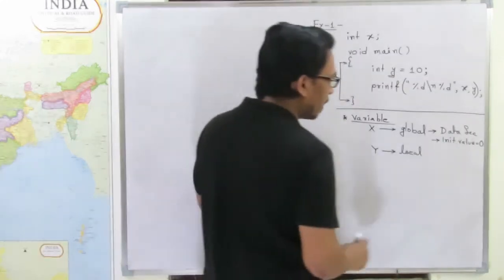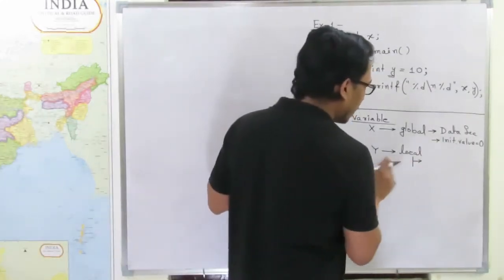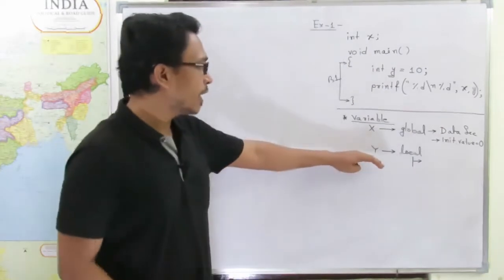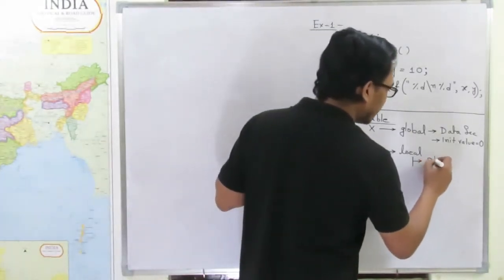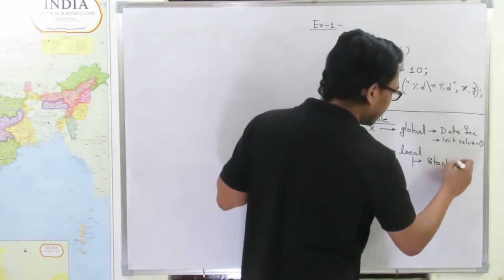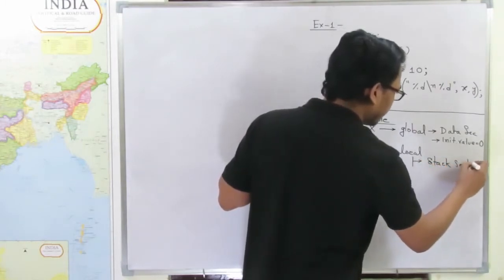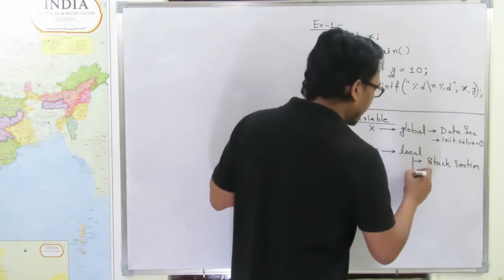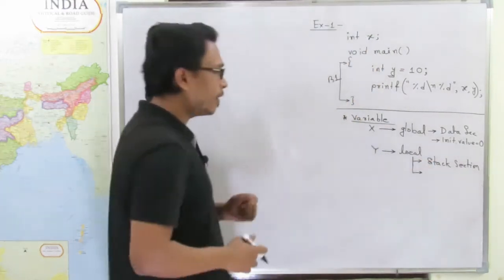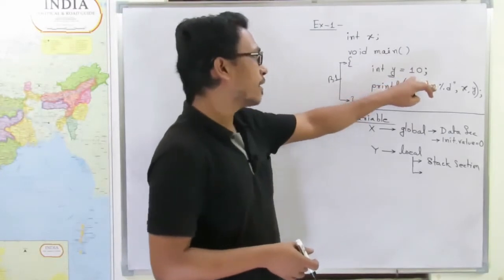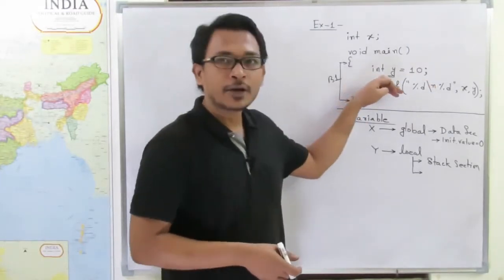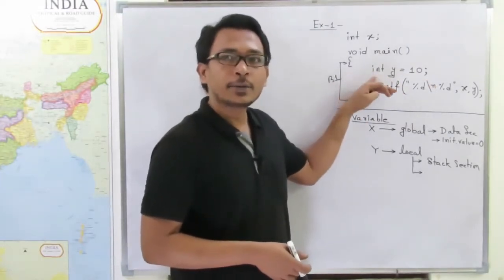Now coming to the y variable, memory will be allocated for this variable from the stack section, and its initial value will be, look, here we already initialize a value in the declarative statement itself.